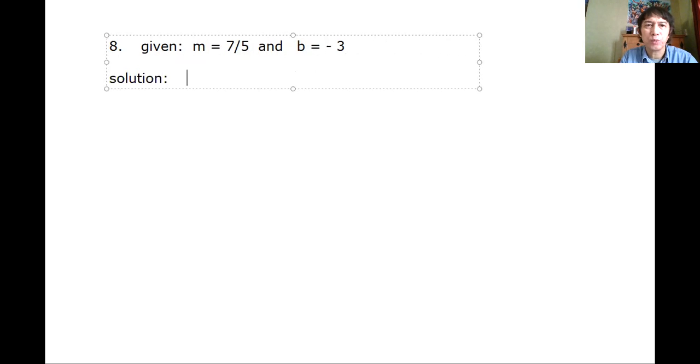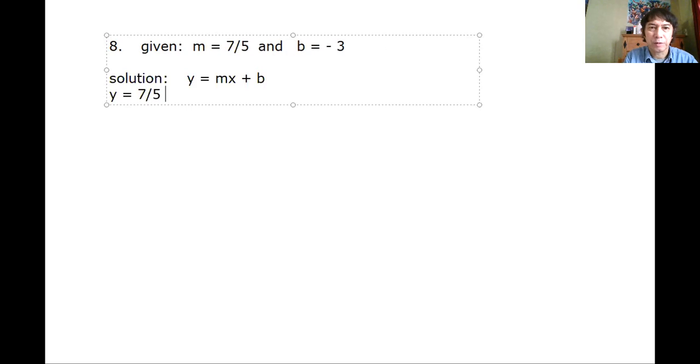And we shall start with the slope-intercept form. Our solution will be y is equal to 7 over 5x plus negative 3. And so we can simplify this.